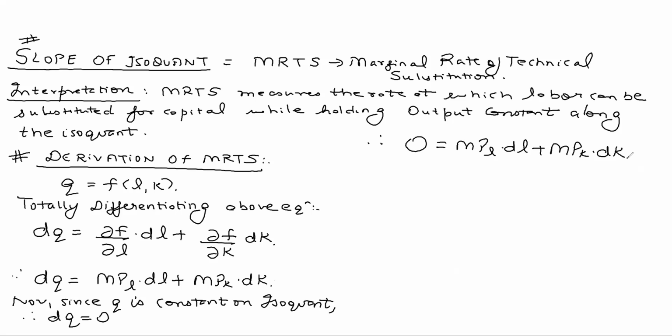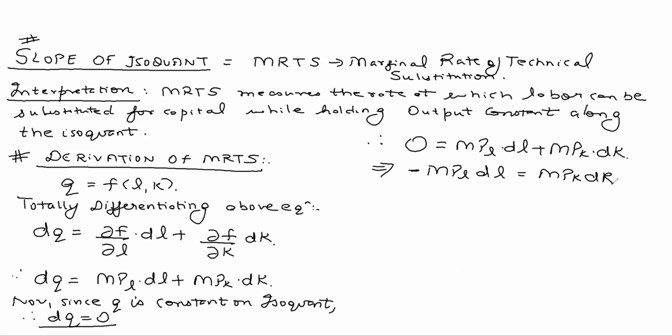Since our output is constant on the isoquant, dq is equal to 0. This means there is no change in output. So 0 is equal to mpl dl plus mpk dk, which implies minus mpl dl is equal to mpk dk.